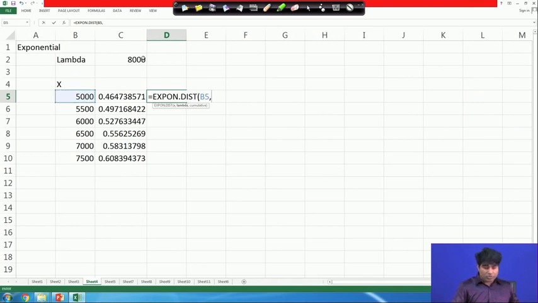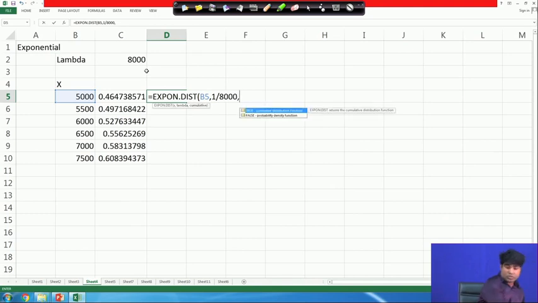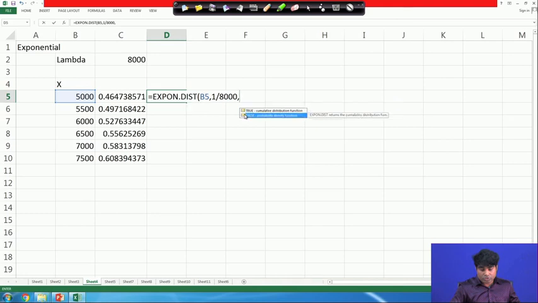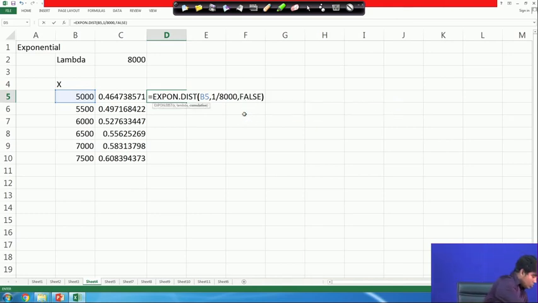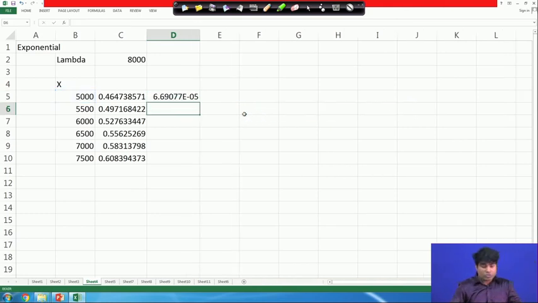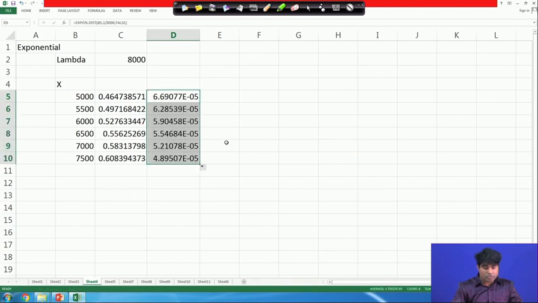The parameter value here is 8000. So, here the reporting will be 1 by 8000, as per the probability mass function requirement. Then the false indication, then you just close the bracket. So, this will come like this, okay.